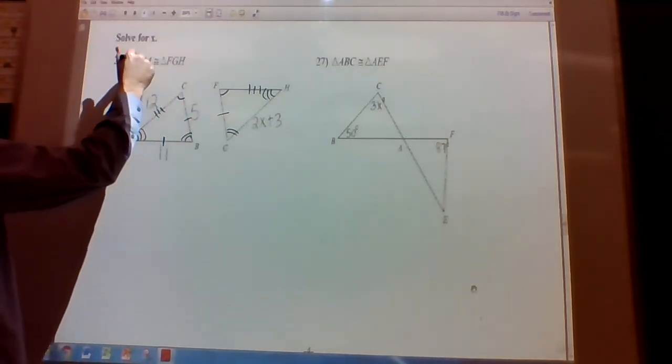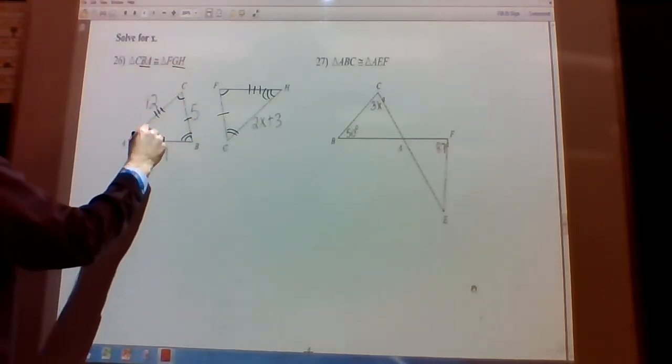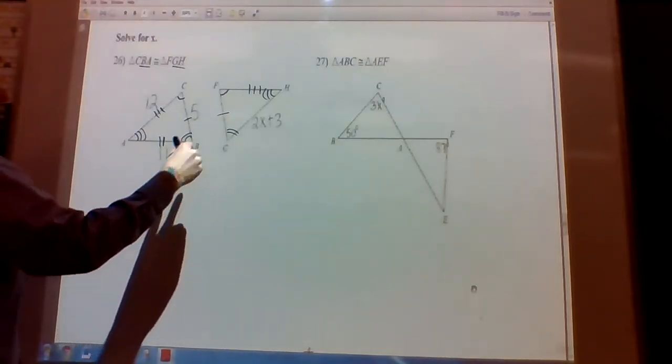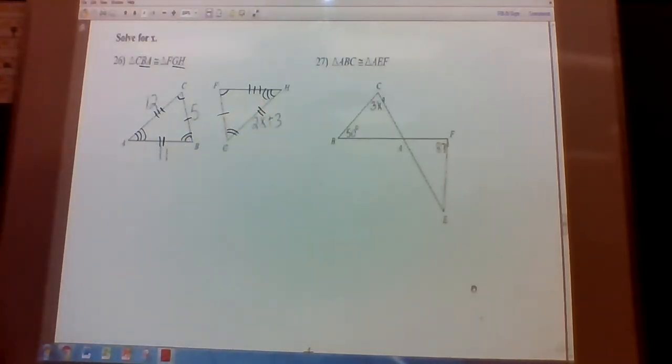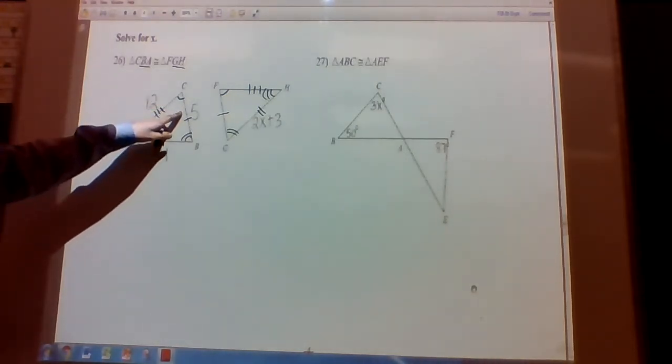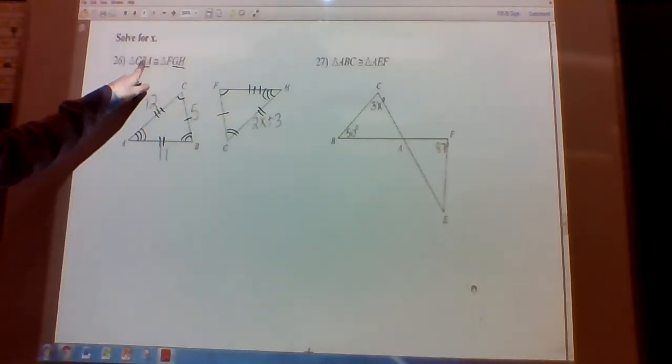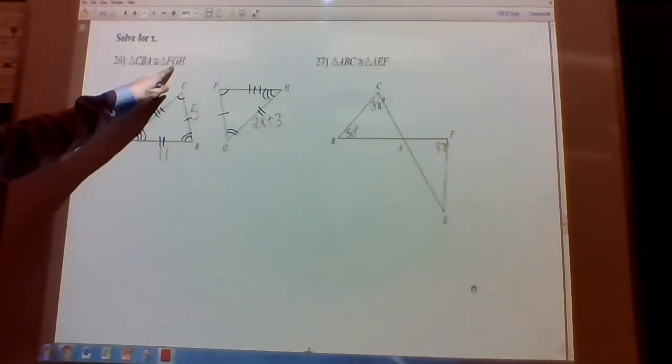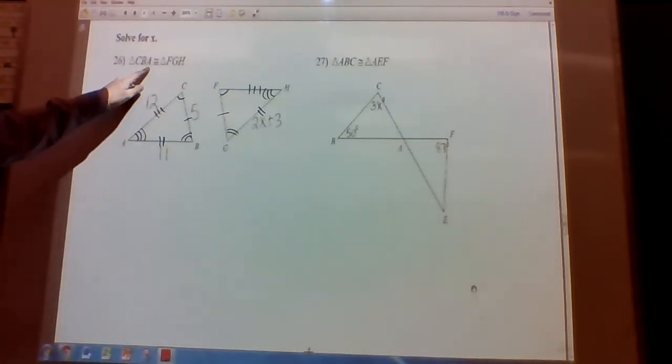Okay, and then we said BA was congruent to GH. Okay. So sorry, that's what it's supposed to look like. CB is congruent to FG because it's the first two in each one. CB is congruent to FG. Then BA is congruent to GH. Then CA is congruent to FH.